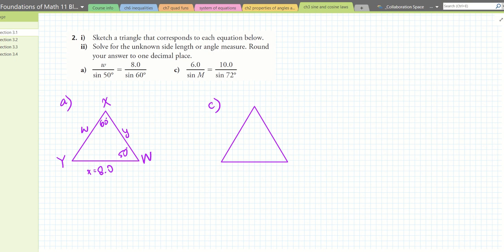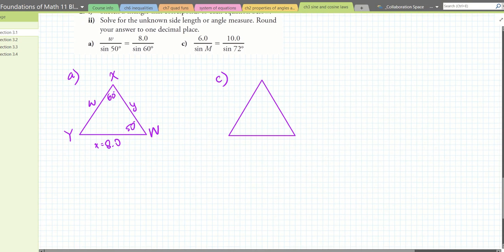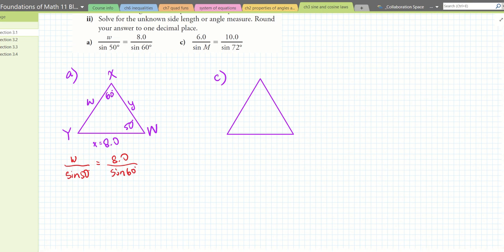Part 2, again, you had to solve for the unknown and round to 1 decimal. So whenever you solve for the unknown, you're cross multiplying. Okay, so here's our given question. So we have W over sine of 50 equals 8.0 over sine 60. So we are looking for W. So all of these sine law questions, you're cross multiplying.